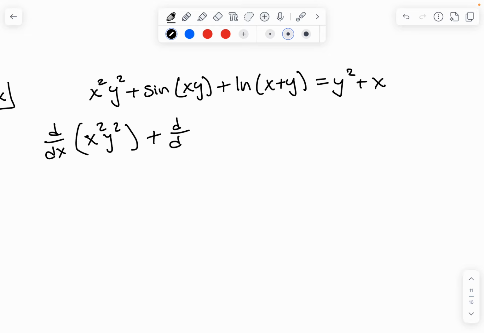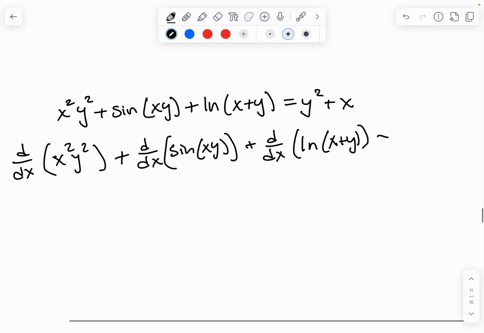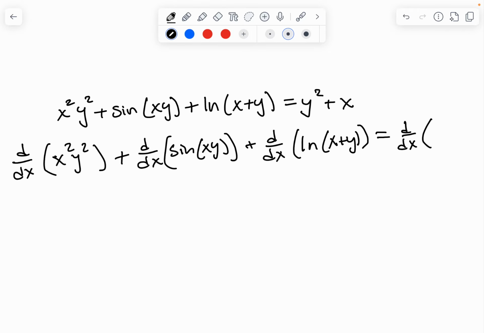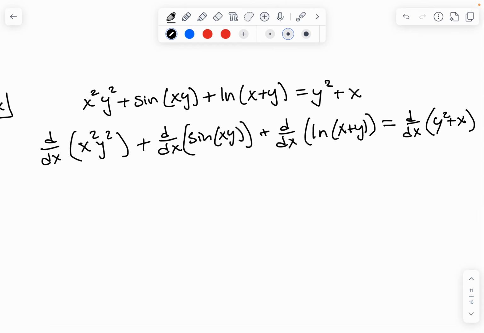Plus d/dx of sine of xy, plus the derivative of ln of x plus y, is equal to d/dx of y squared plus x.